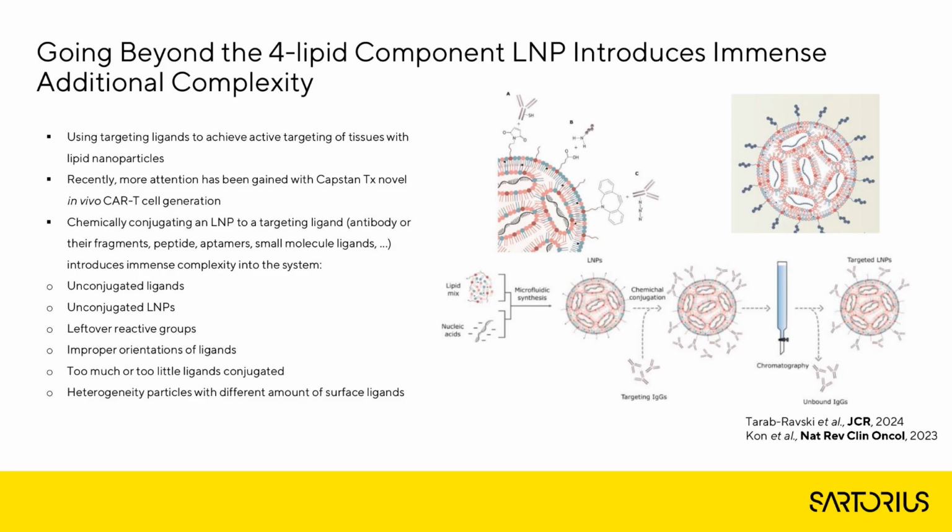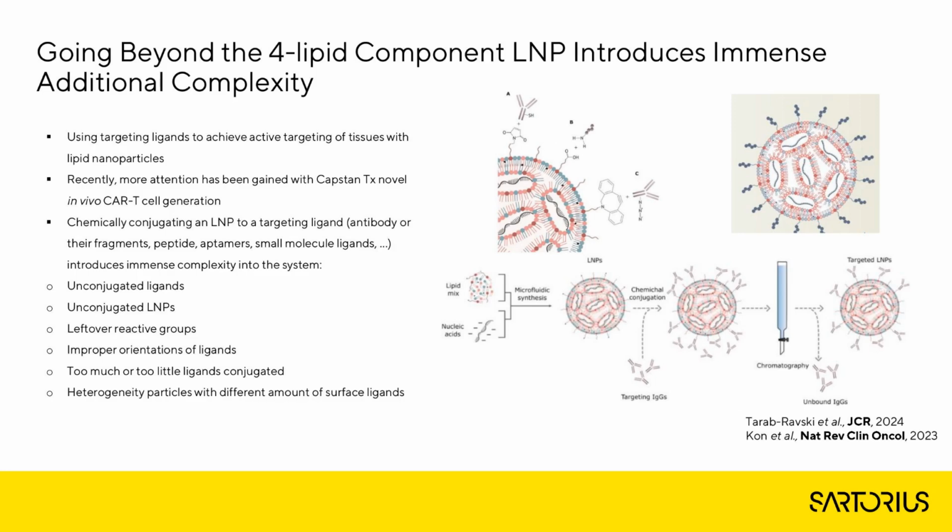So in addition to the sort of unstable LNP, you are now introducing targeting ligands to the surface. And while you're doing that, you want to make sure that you are conjugating everything. If you want to analyze how much of the protein on the surface has not successfully conjugated, you want to purify it away. Then you want to be able to check in your particles if all of the particles have those targeting moieties on top or if they don't.